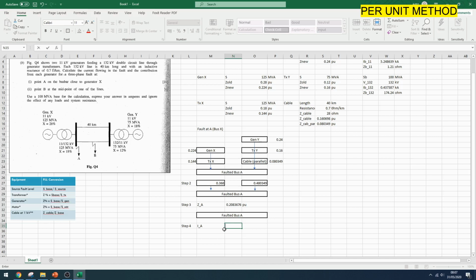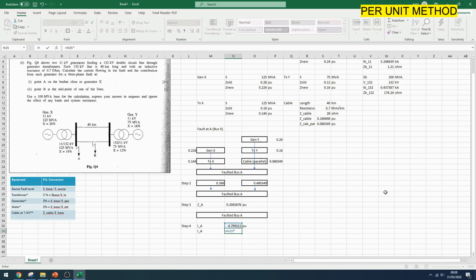Alright, so what do you get here? You get 1 divided by this one, equals to 1 divided by this, so this is per unit. So the I for A at 132 kV would be just the per unit current times the base current, which is around this value.